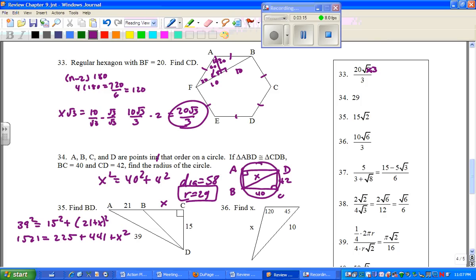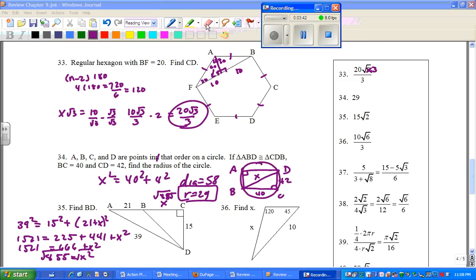And you can add and get 666 plus x squared is 1521. 1521 minus the 666, we're at 855. It's equal to x squared, square root that. So this piece right here is a square root of 855.